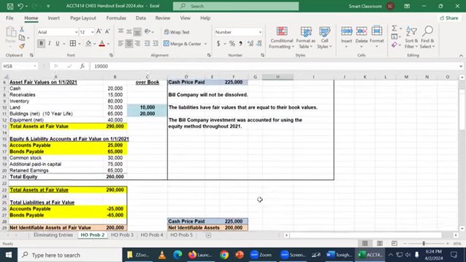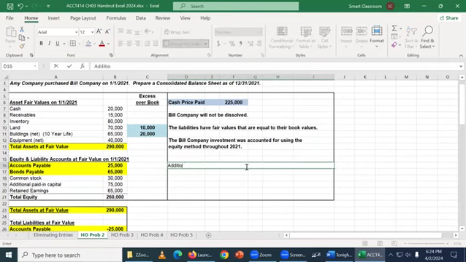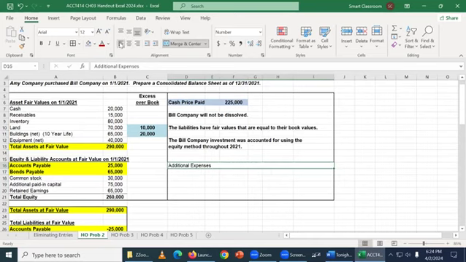We have to figure out what the expenses are going to be. What additional expenses are we going to have? Depreciation expense? Yep. I'm going to do something here. Additional expenses.